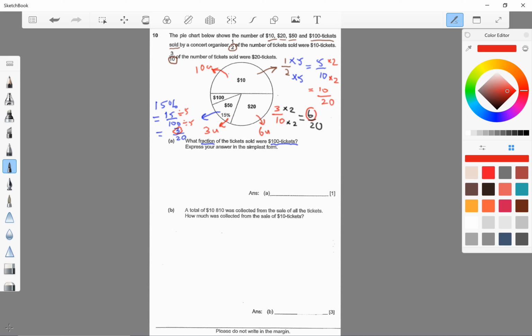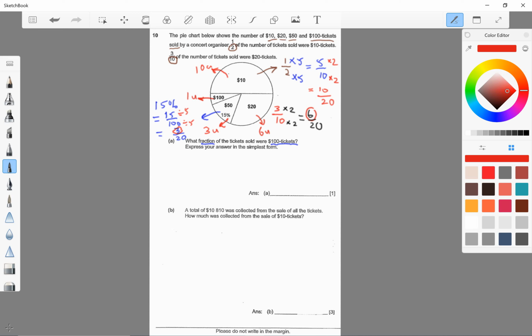So if I were to add everything up, and at the same time, I know that a semicircle is 10 units, there will be a semicircle below that consists of $100 tickets, $50 tickets, and $20 tickets. So this means that the $100 tickets has got to be 1 unit.